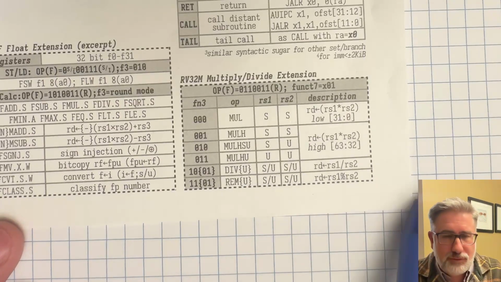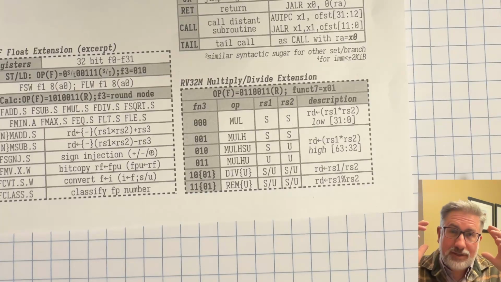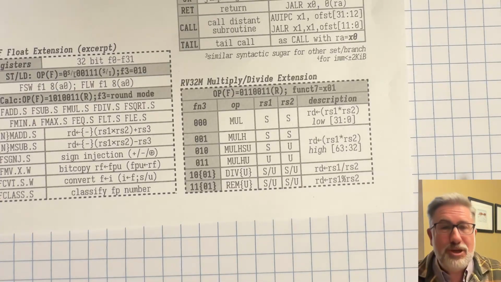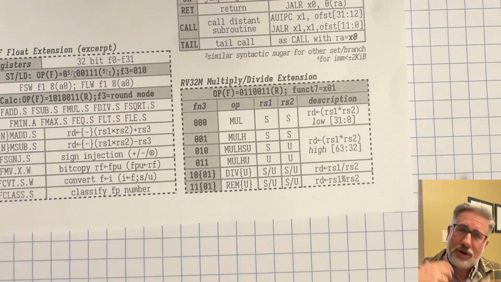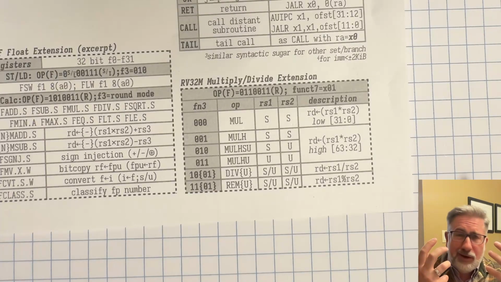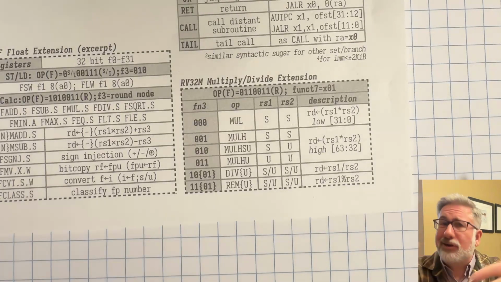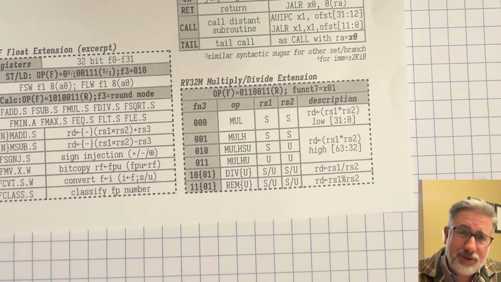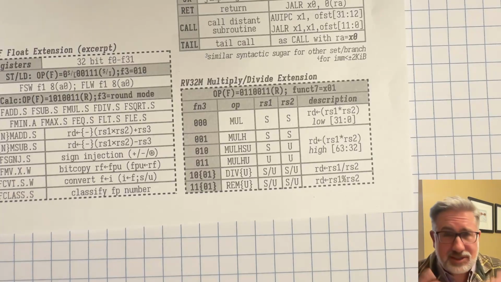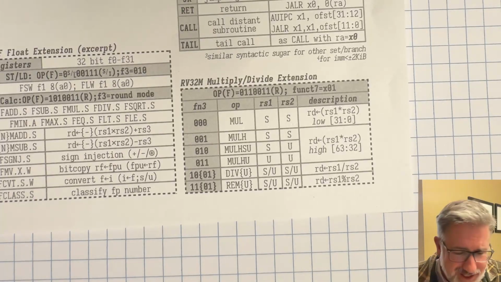And so if you expect the size of your result to actually be beyond 32 bits, then you're going to want to multiply high, multiply low, and then you've got a 64-bit number that you're going to have to do something with. So the multiply extension gives you the capacity to produce a 64-bit number. What you do with it after that is up to you.